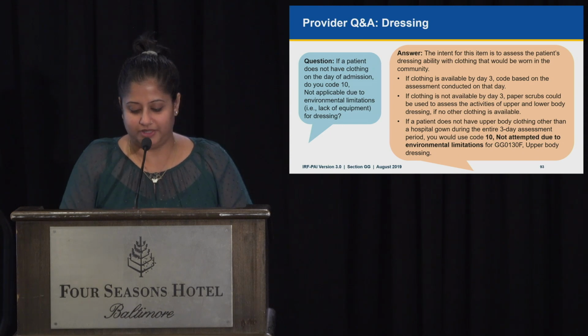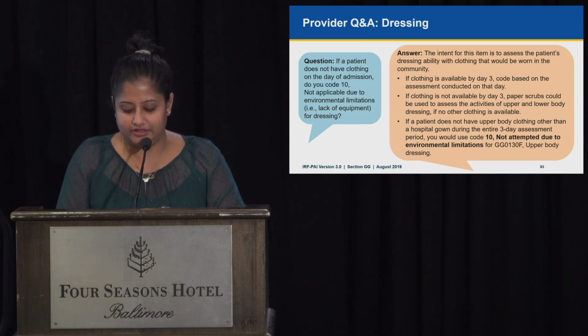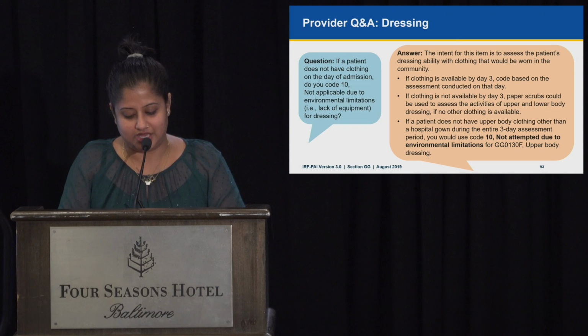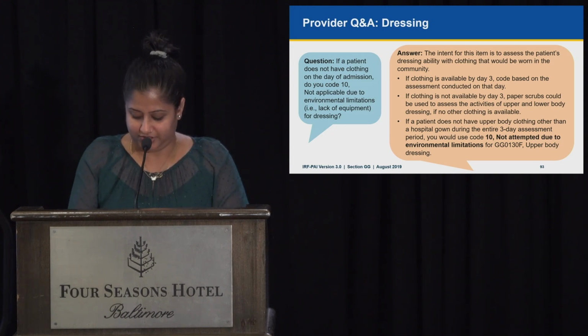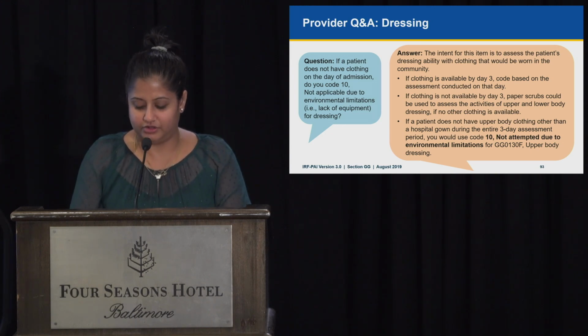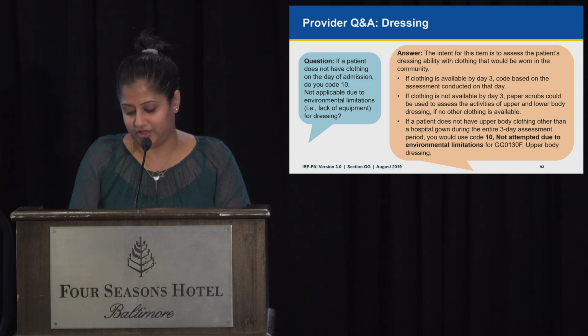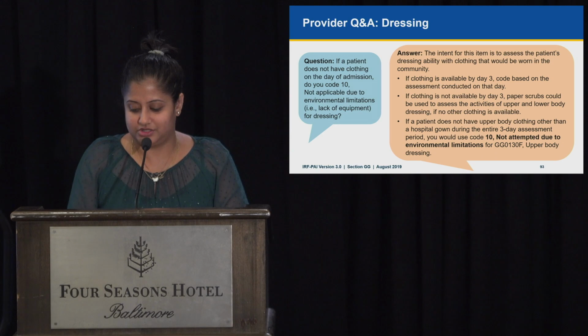This one says, if a patient does not have clothing on the day of admission, do you code 10, not applicable due to environmental limitations, i.e. lack of equipment for dressing? If a patient does not have clothing, then we have a couple of scenarios that we can go through. The intent for this item is to assess the patient's dressing ability with clothing that would be worn in the community.